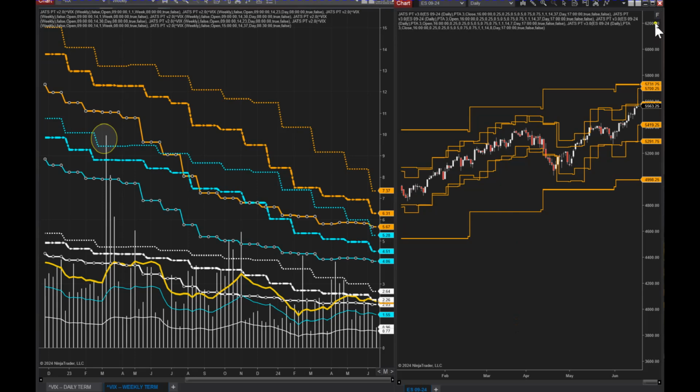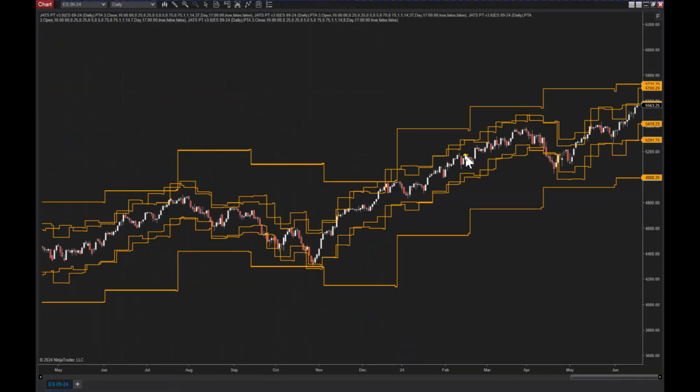So on your threes alone, 7 and 8 day, here was the 7-8 at the 37.3. What a great spot. November of 23. And that's what sent this whole rally up.